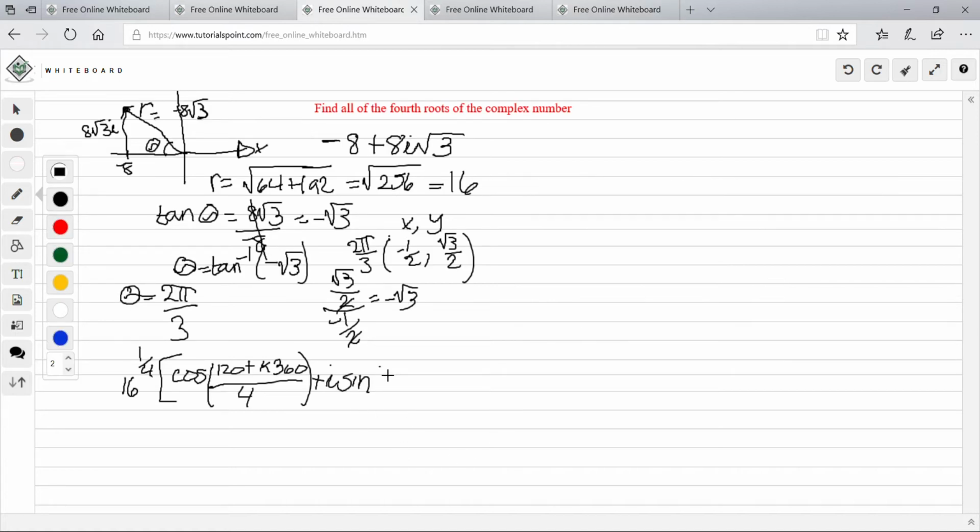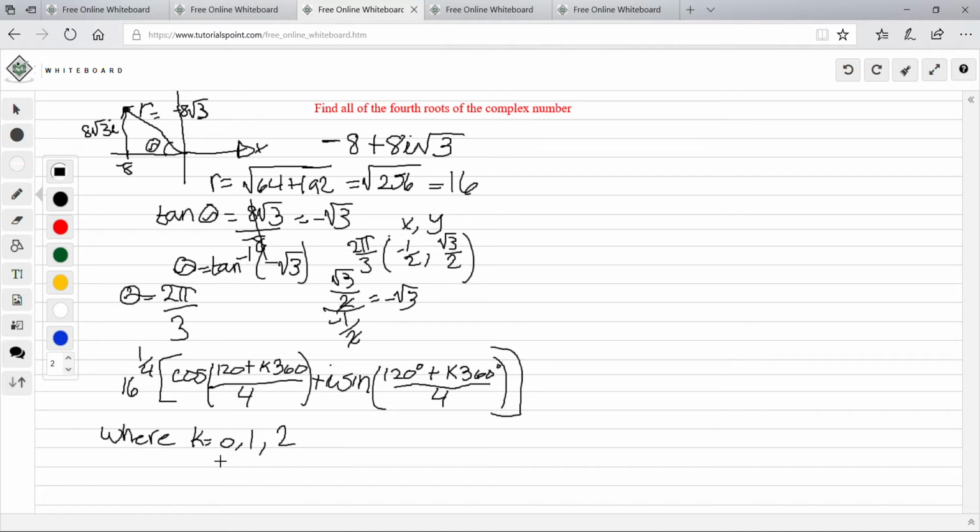So that's sine of 120 plus k360 over 4, where k equals 0, 1, 2, and so on.